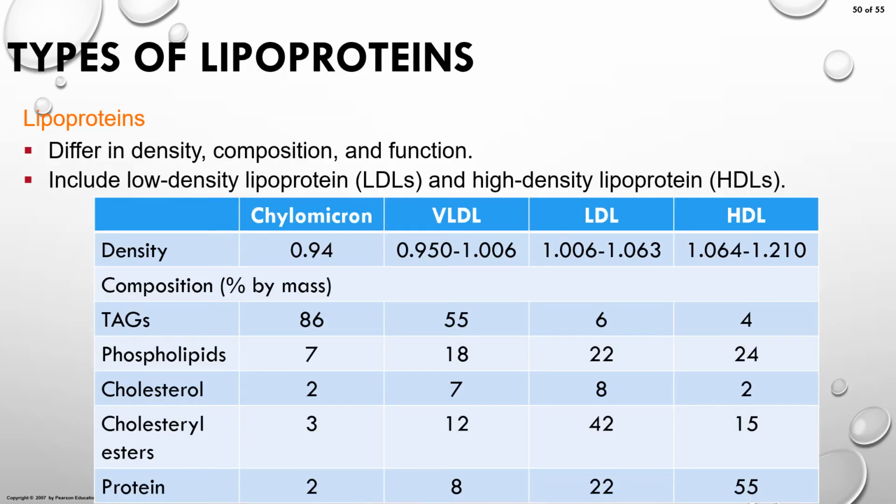Okay, this is what I said earlier in the previous slides, that there are different types of lipoproteins. Actually, there are 4 major classes of circulating lipoproteins, each with its own characteristic protein and lipid composition. They are the chylomicrons, very low density lipoproteins or the VLDL, low density lipoproteins or the LDL, and the high density lipoproteins or HDL.